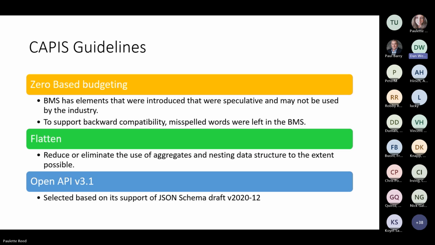And when I talk about unnecessary child objects, that would be based on the mechanical conversion of the BMS to JSON. And at that point, we're going to end up with many more properties and fewer levels of hierarchy.